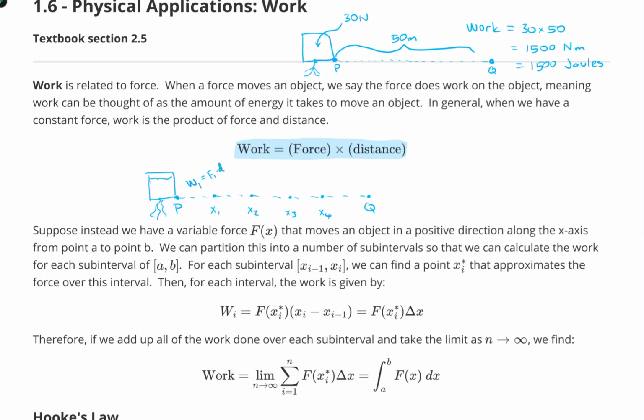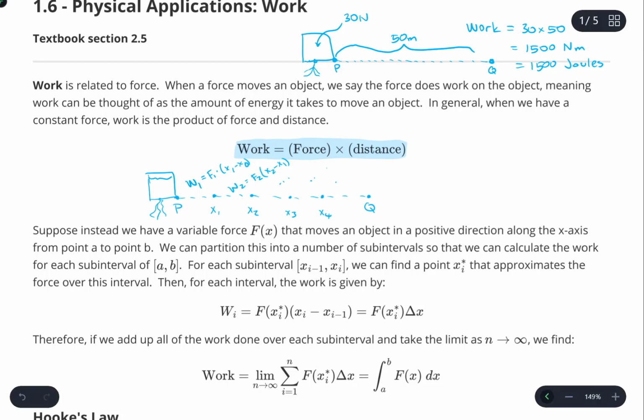So I could say x1 minus x0 would be the distance traveled. And then the amount of work required to move it on the second subinterval would be the force required. Water has drained out, so it weighs less, so that force has decreased. And then we would multiply that by the distance, and so forth.